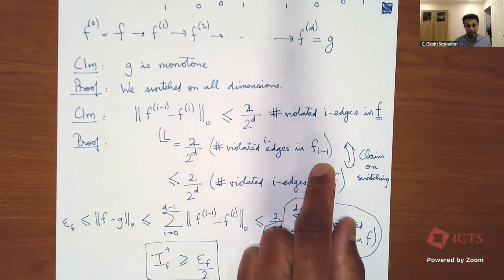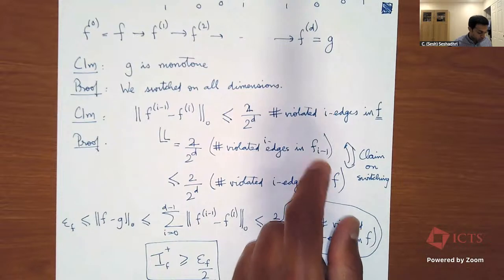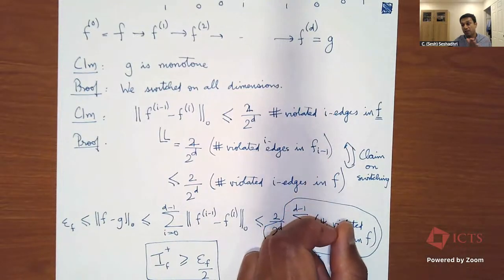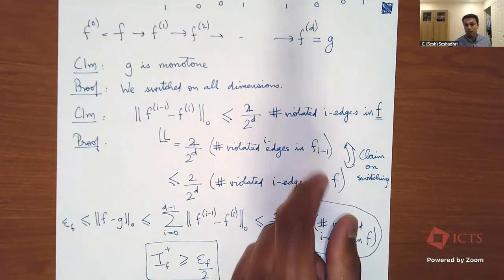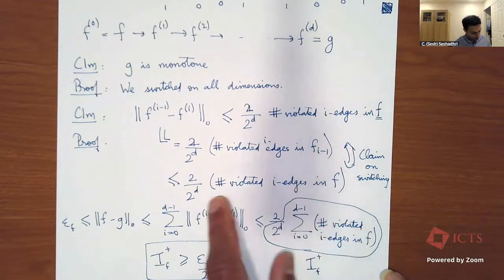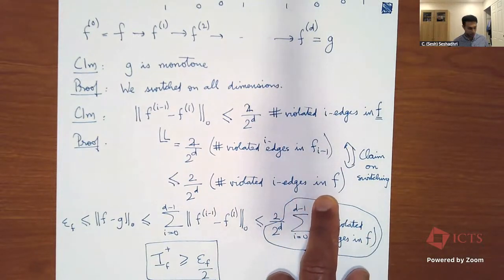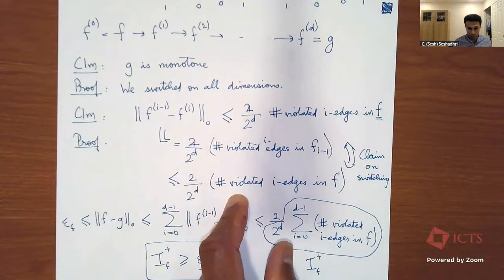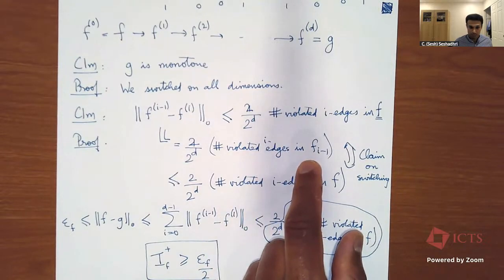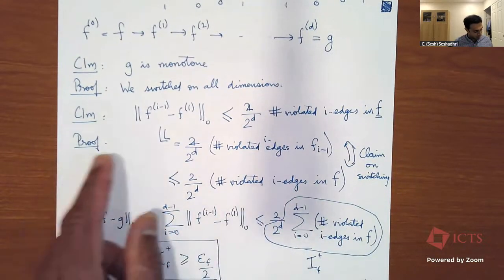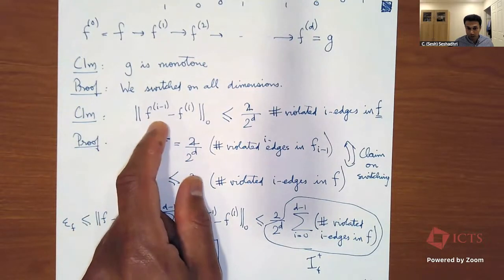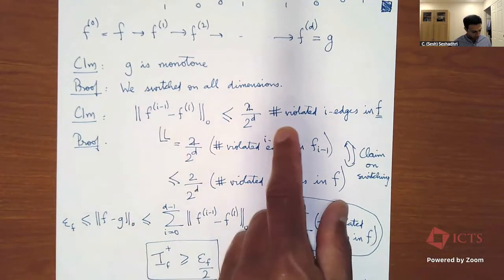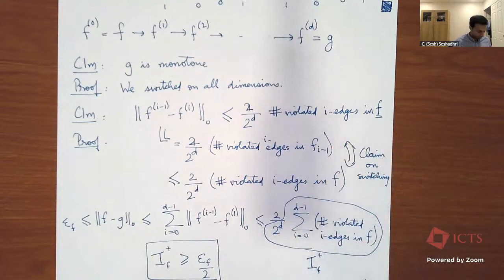But as we said, when you switch on dimensions 1 to i minus 1, you cannot increase the number of violated i edges. So the number of violated edges in the original function is greater than or equal to this quantity here. And so then we get that when you switch on the ith dimension, the amount of change is the number of violated i edges in F.